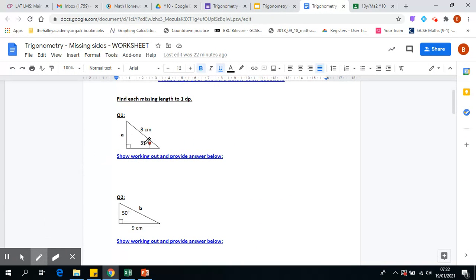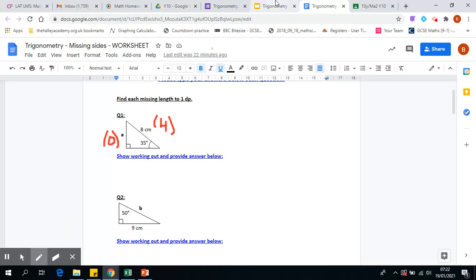Let's label them. That's the side opposite to the angle. That's the hypotenuse. Notice I haven't labeled this side because there's no letter or number given.